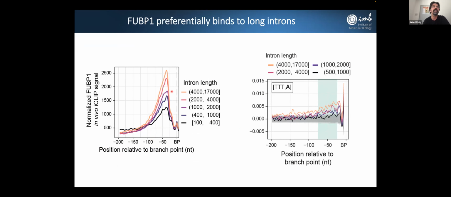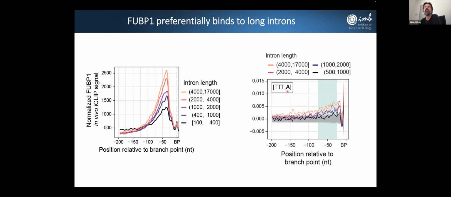You can see here that for these long introns, we have a very strong signal of FUBP1 in this meta profile, and it goes down the shorter the introns are. This is not only seen in the FUBP1 binding signal, but also in these FUBP1 motifs.